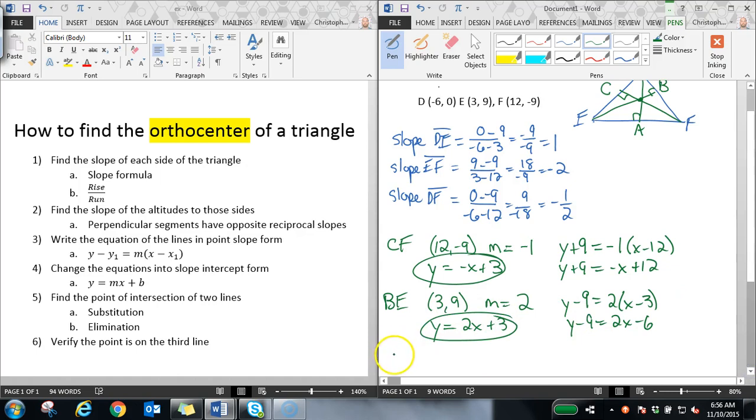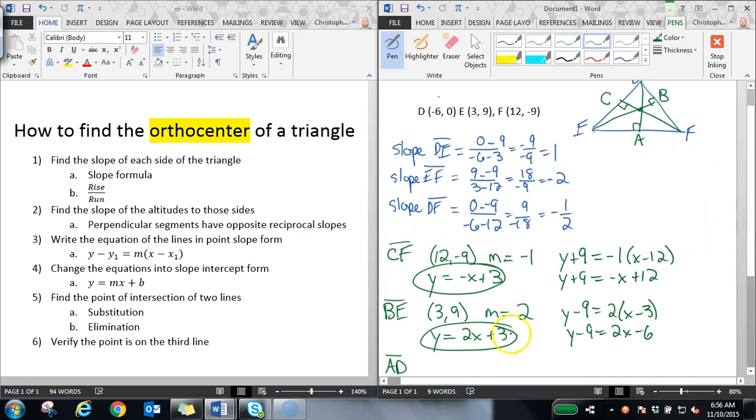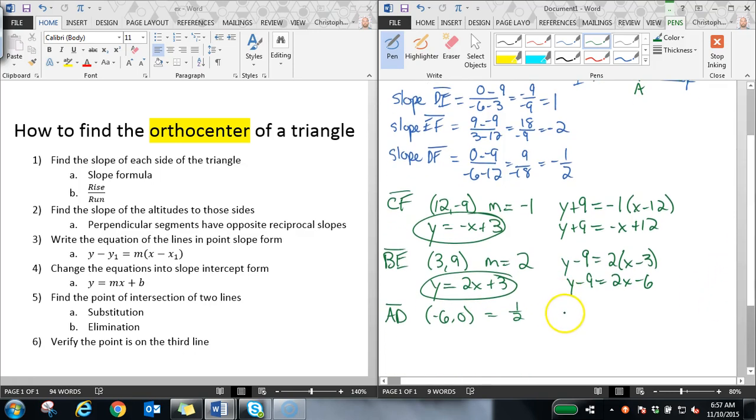And our last altitude, AD. We're going to use the point D, which is negative 6, 0. AD is perpendicular to EF here. EF slope is negative 2, so this has to be positive 1 half. So again, we just plug in, m equals 1 half.